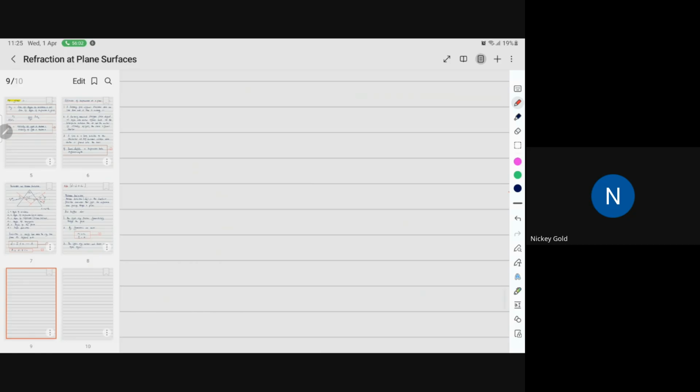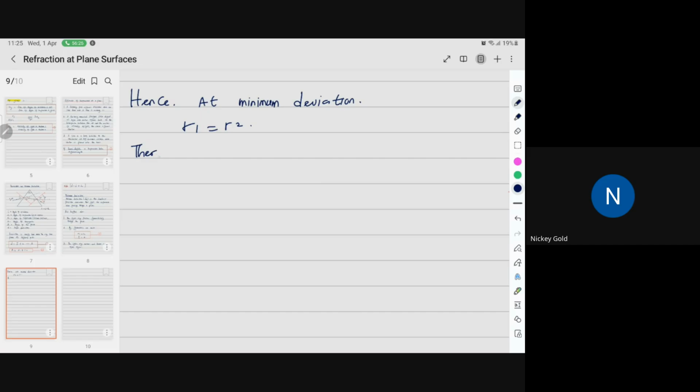So now the next thing you need to know is that at minimum deviation, hence, we'll have R1 equal R2.